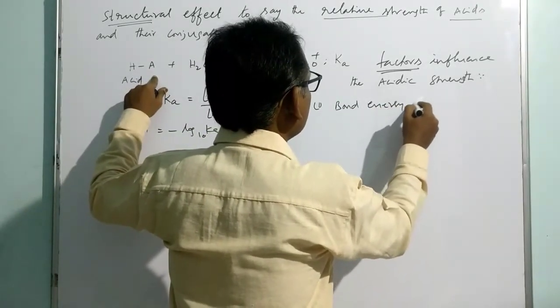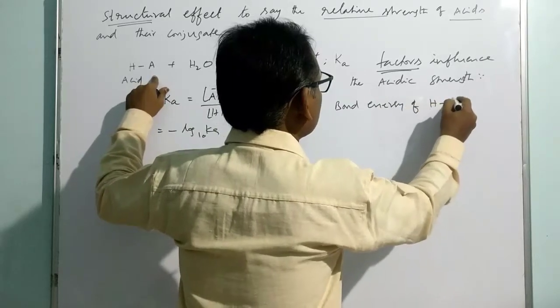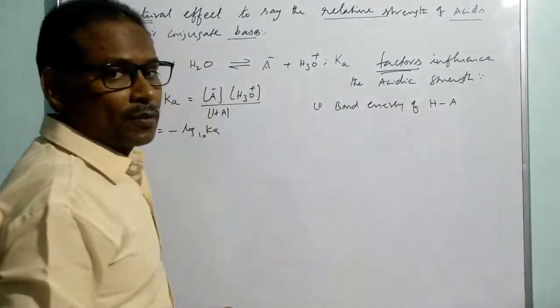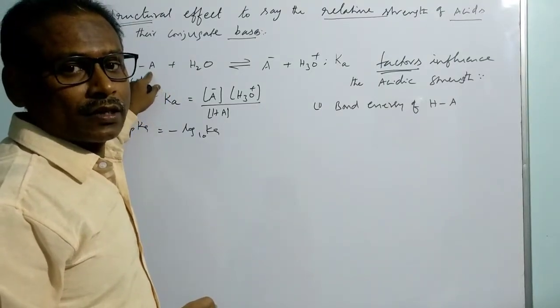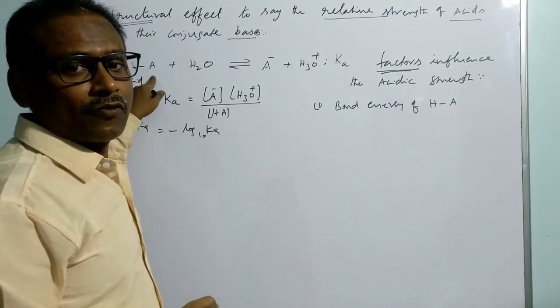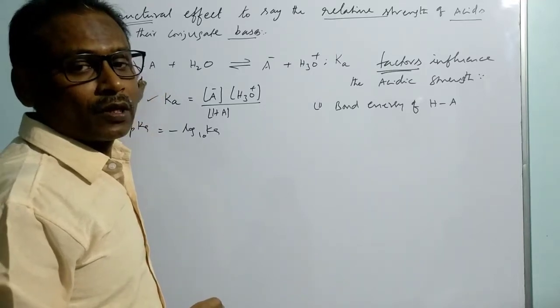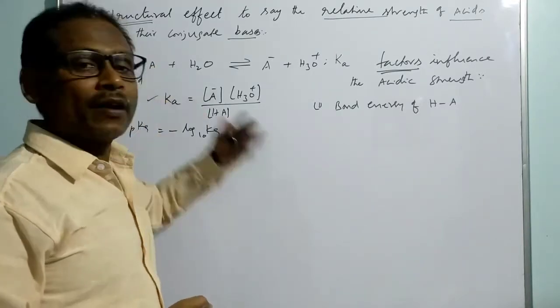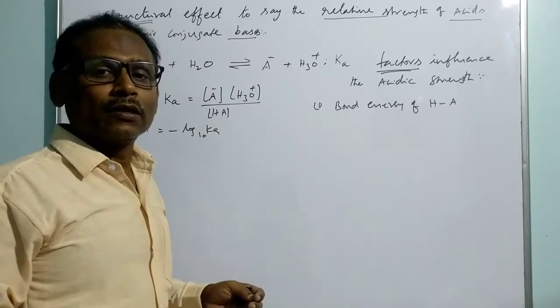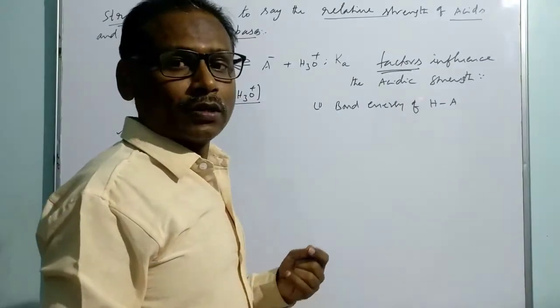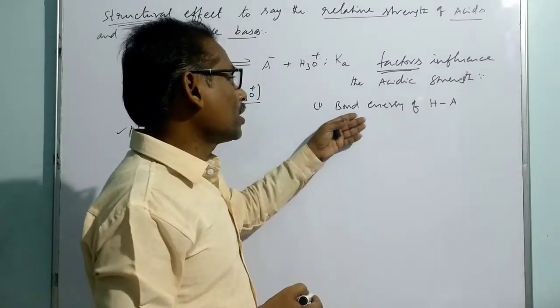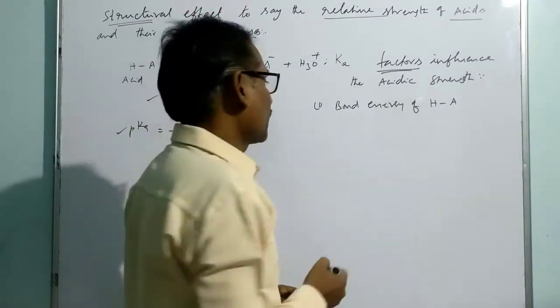The bond energy of HA, where HA is nothing but the acid. Our aim is to say what the strength of this HA is, where H refers to a proton. There are different species which are supposed to have the proton. In whatever better manner they eject the proton, the strength will be higher. So the ejection of proton is decided by one of the factors, the bond energy of HA.